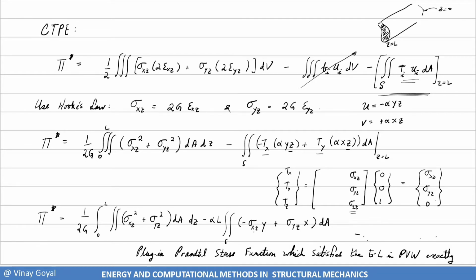And notice that the Euler-Lagrange equation in the complementary potential virtual work, or in the complementary total potential energy, will not be the equilibrium equations. They'll be the strain deflection relationships instead.